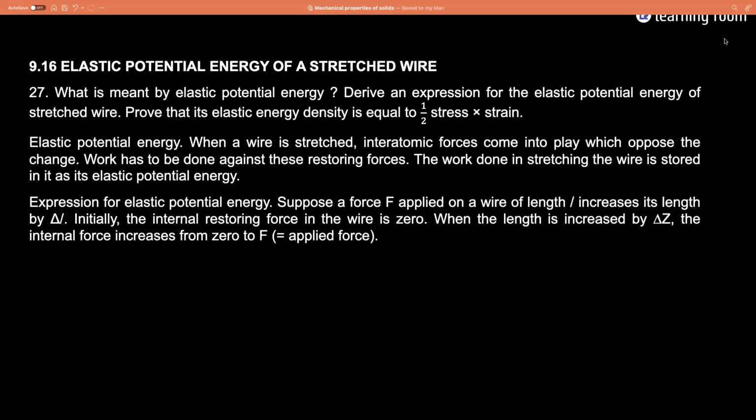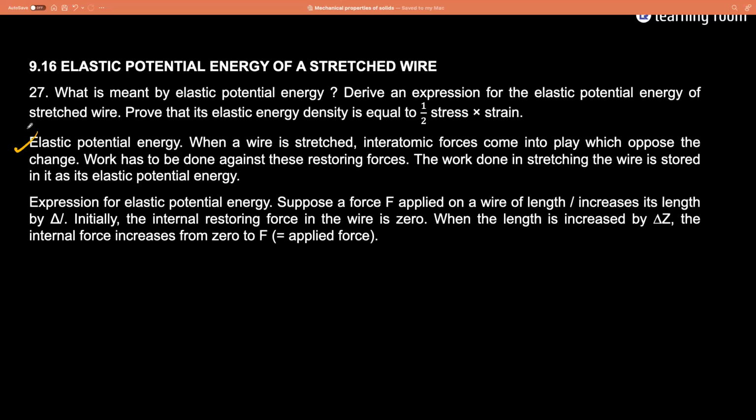A wire is three-dimensional, so we define it per unit volume. Energy by volume will be the energy density. Depending on the shape, you need to define it.